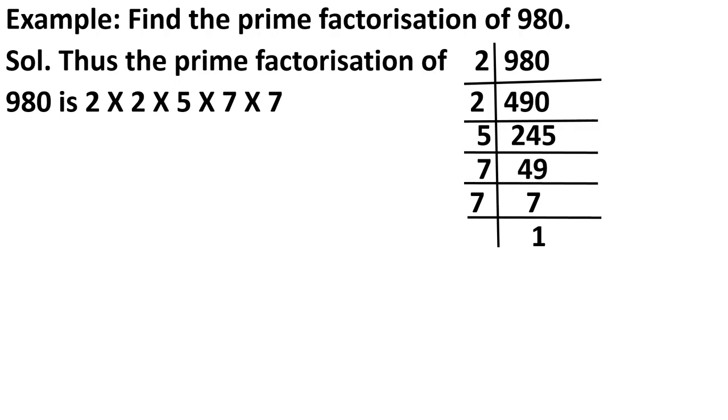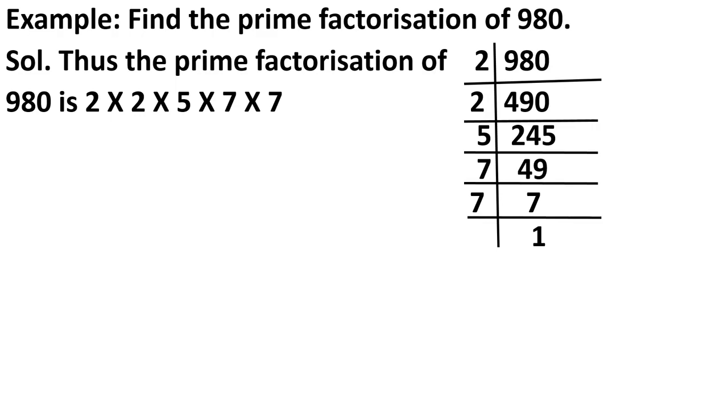The divisibility rule of 2 is that the ones place must be either 0, 2, 4, 6 or 8. Here the ones place is 0, so it is possible to divide by 2. Divide 980 by 2, you will get 490. Again the ones place is 0, so again divide by 2. You will get 245. Now 245 we can't divide by 2 as 5 is not divisible by 2.